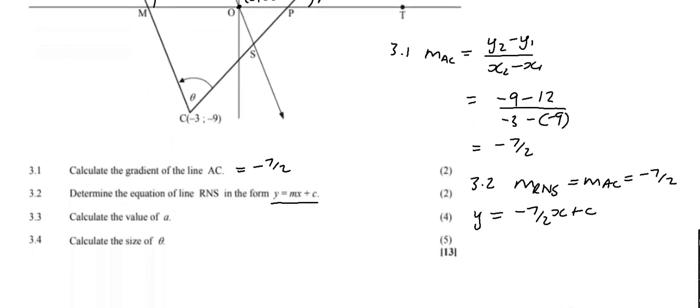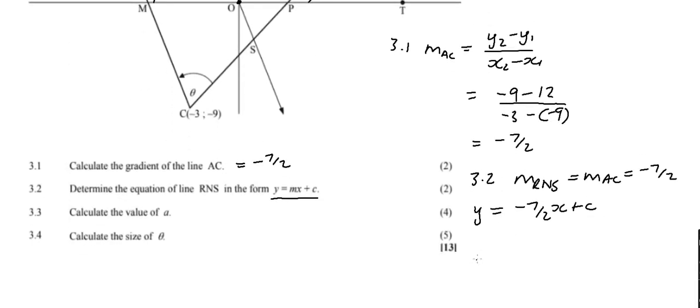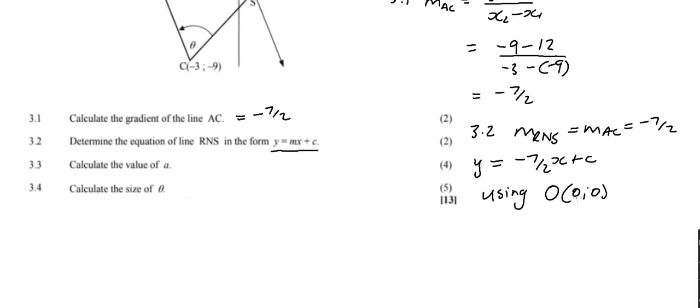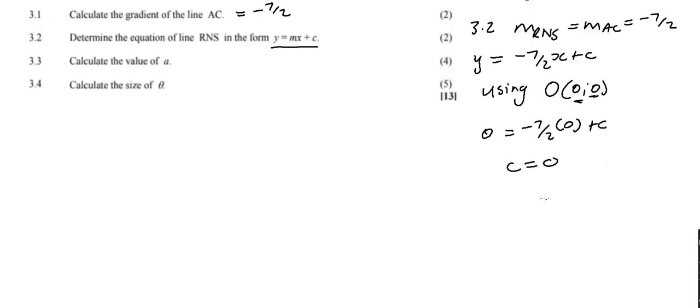So to find c, we just have to substitute the coordinates of point O, which is (0, 0). Where there is y, we will substitute a 0, and where there is x, we will also substitute a 0, plus c. We will soon realize that c is equal to 0, and the equation of the line is y is equal to -7/2 x, and that is it.